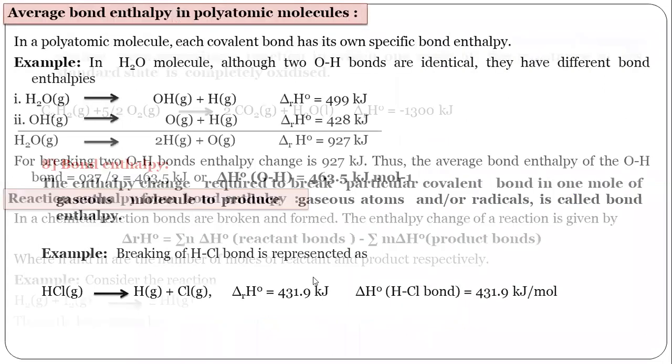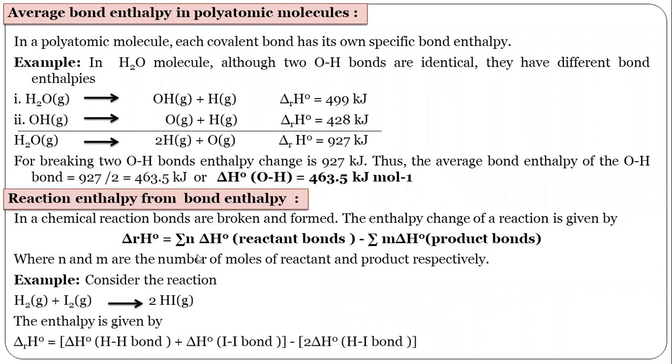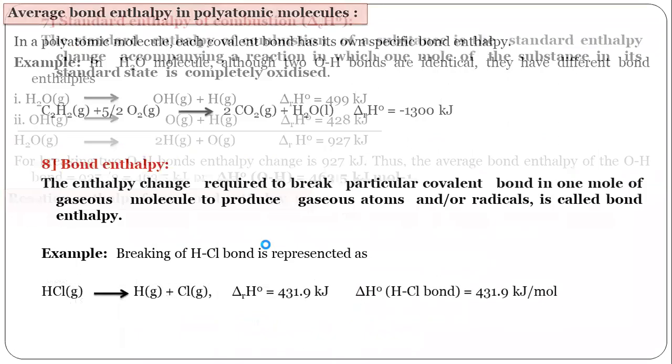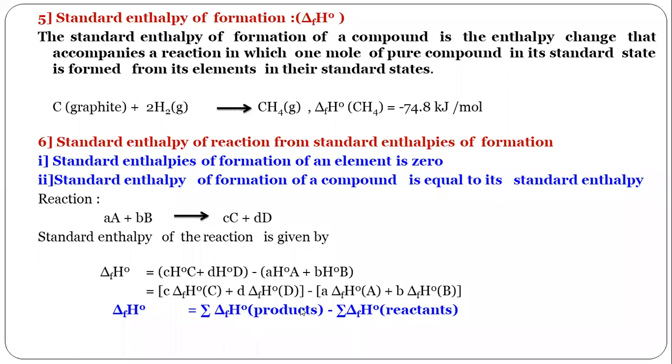And when we have to calculate the particular bond enthalpy, we use this formula where this N indicates the number of moles of the reactant and the product respectively. So this formula we use only when we calculate particular bond enthalpy. And this formula we use when we calculate standard enthalpies of the reaction, remember.